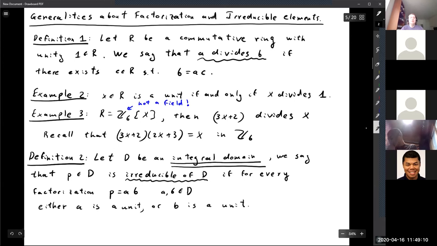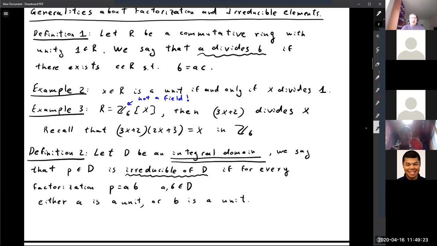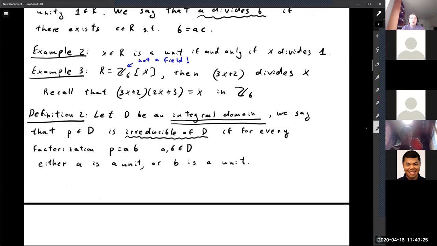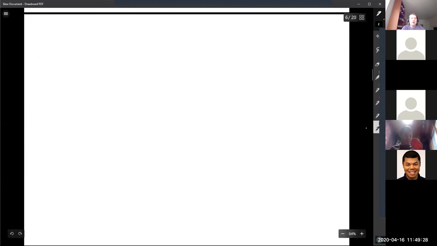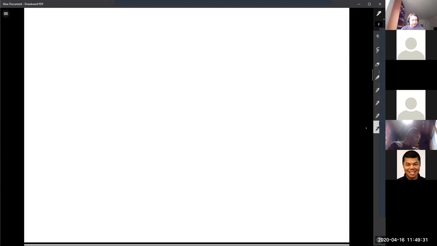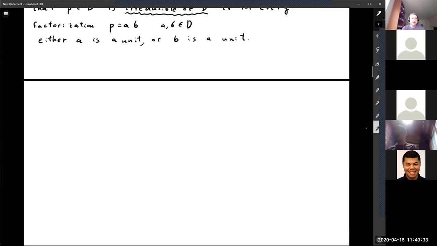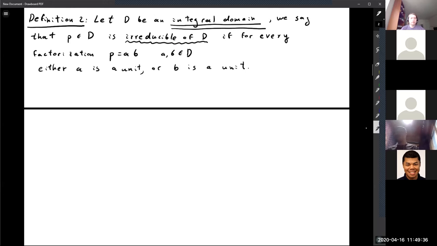In other words, there is no non-trivial factorization. Of course, for every element, you can present it as some other element multiplied by a unit, but that's okay. So the prototypical example for an irreducible element is the notion of a prime in the ring of integers. Prototypical example 4.